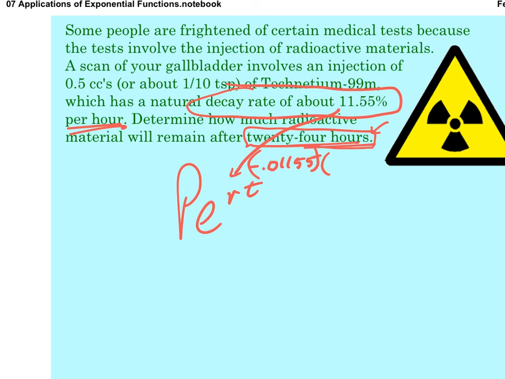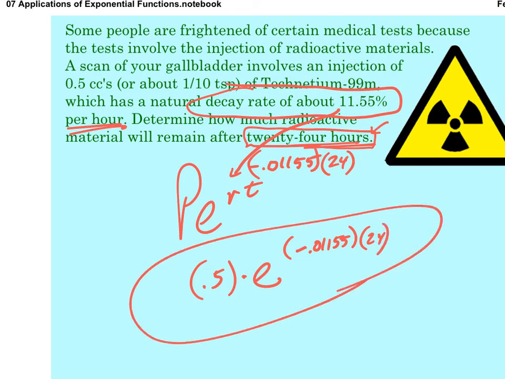If I keep it in hours, just keep it 24. Okay, so the final answer would be 0.5 for P times E to the R, negative 0.01155, times 24, and that's just grunt work on the calculator.